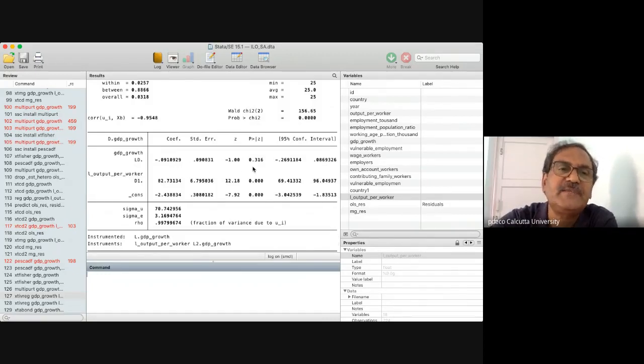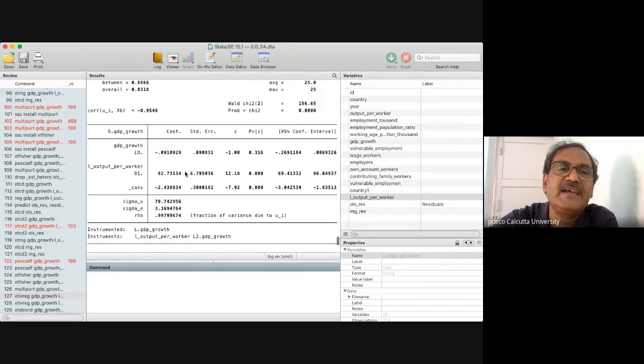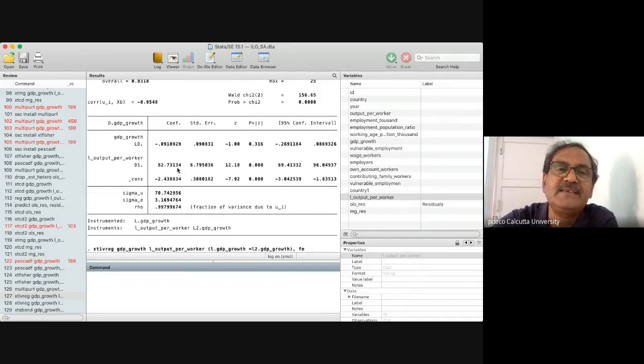It was also insignificant. That means the AR1 coefficient is insignificant everywhere. But the coefficient for labor productivity is highly significant in all cases.